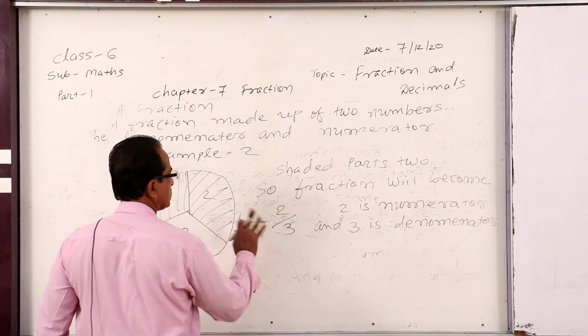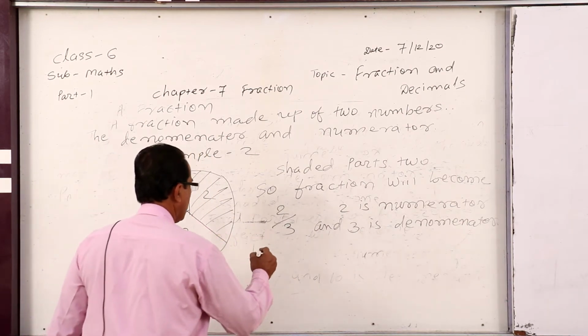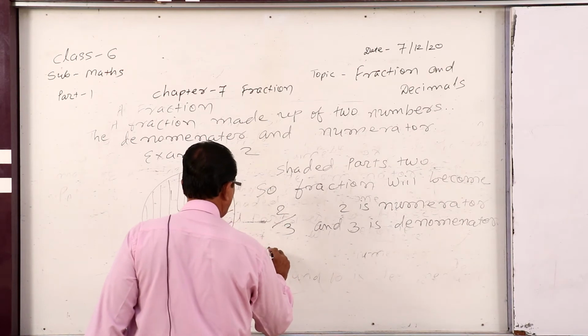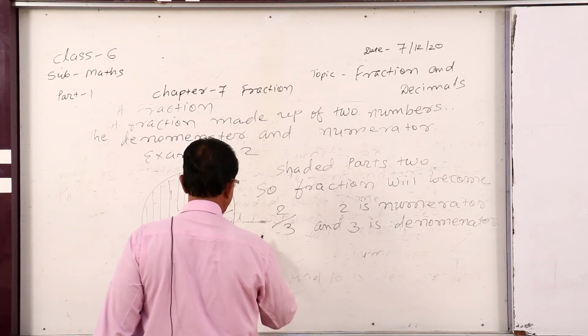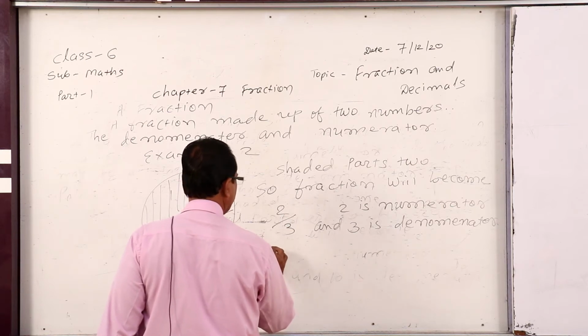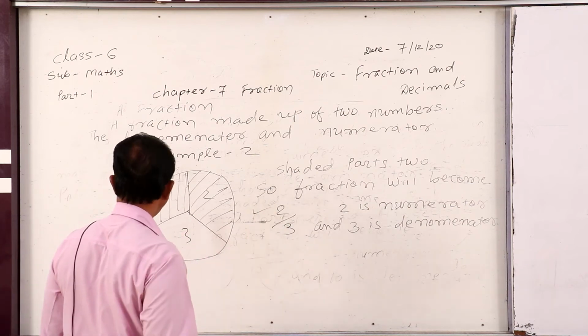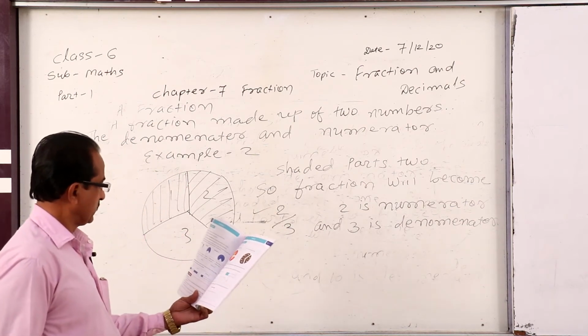So 2 upon 3 is the fraction. Here two parts are shaded and total parts are 3. Okay, so we have written 2 upon 3.